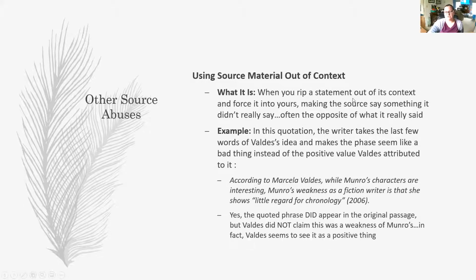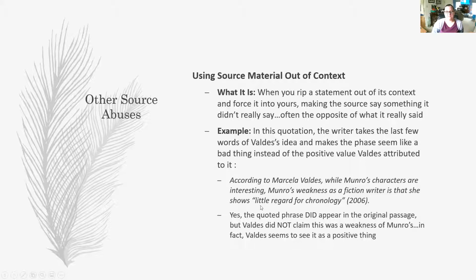Using source material out of context. This is when you sort of twist what the source said to make it fit what you want it to say. The example down here says, according to Marcela Valdez, while Monroe's characters are interesting, Monroe's weakness as a fiction writer is that she shows little regard for chronology. This quote is right. It's been cited. It's all good there.